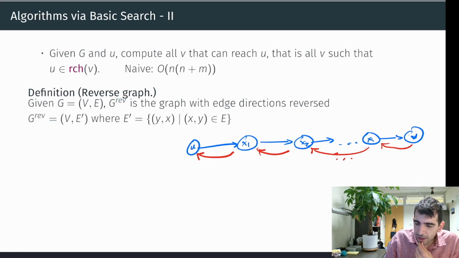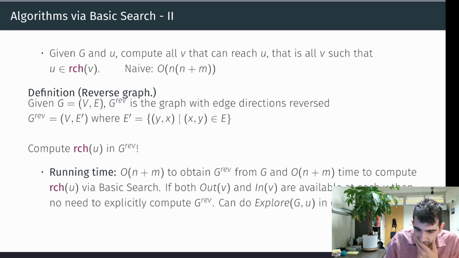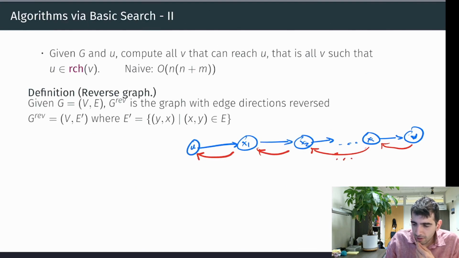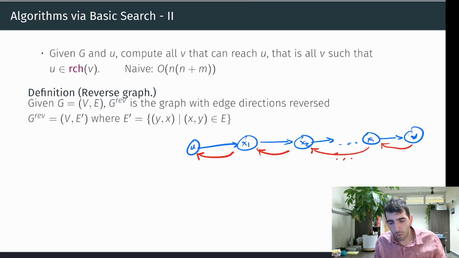And in this new graph, the path that you took to get to V is now reversed, right? So if in the normal graph U could reach V, in the reverse graph V could reach U. So why is that important?